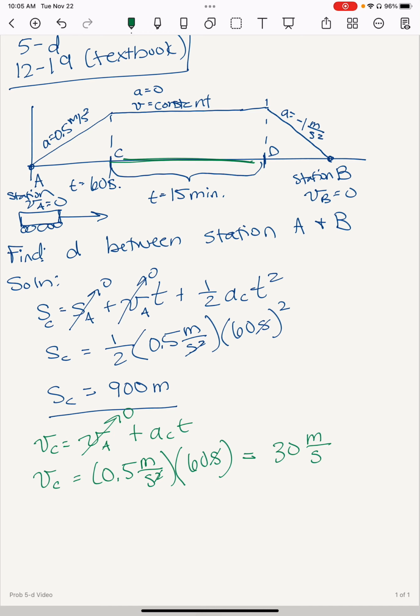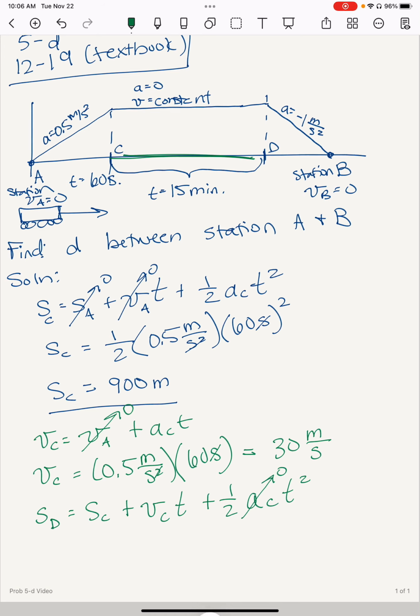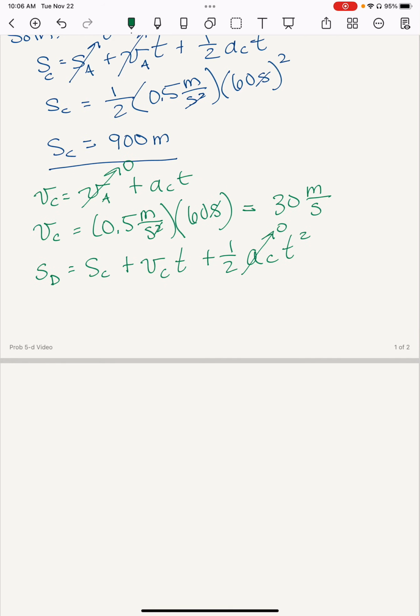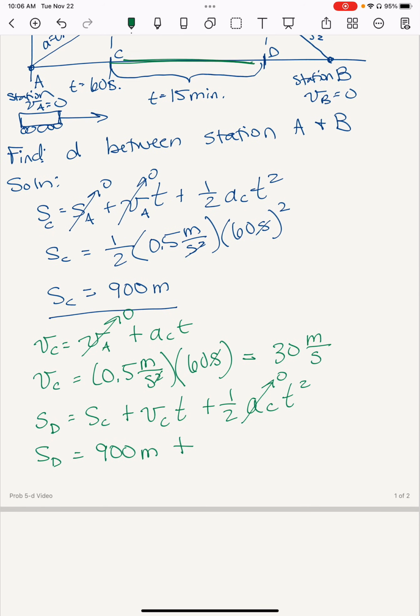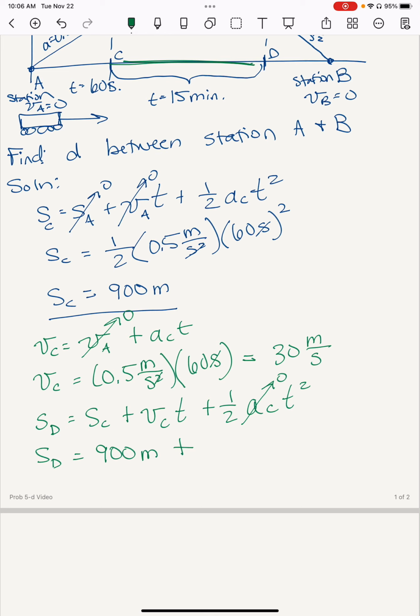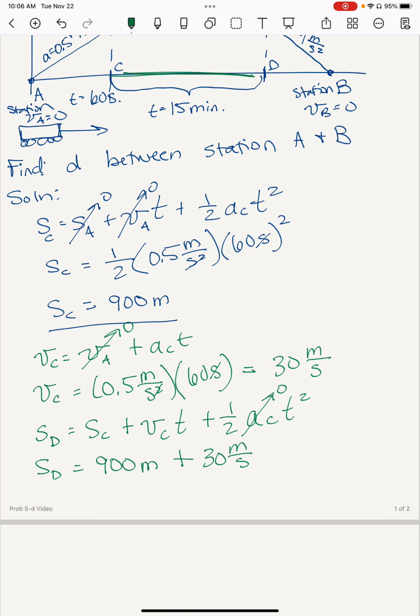Now with that, we can go back to our equation. So we have the position at D equals the position at C plus the velocity at C times time plus 1/2 times the constant acceleration times time squared. And remember, the acceleration is 0 because it's a constant velocity. So we get S at D equals 900 meters plus that constant velocity times time, which is 30 meters per second times 15 minutes.